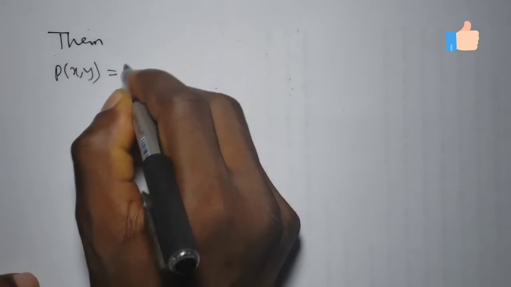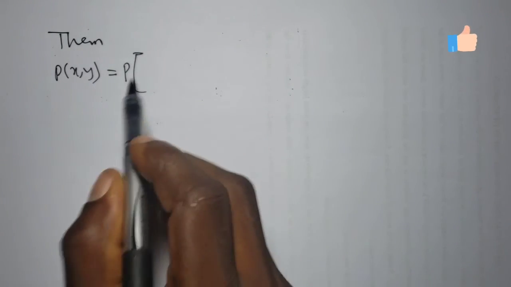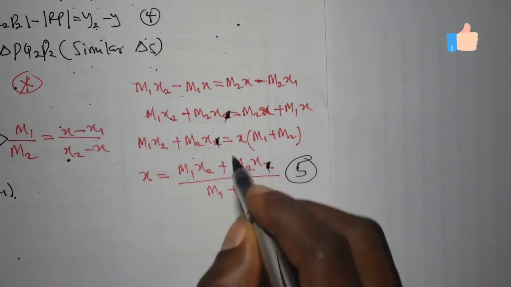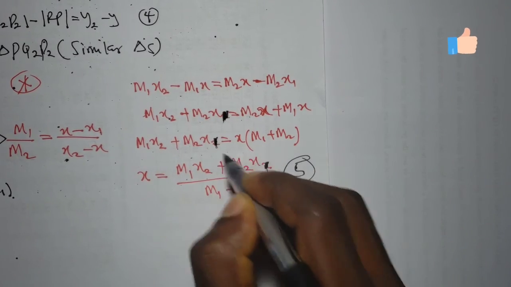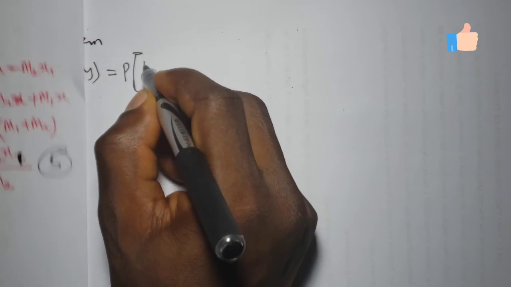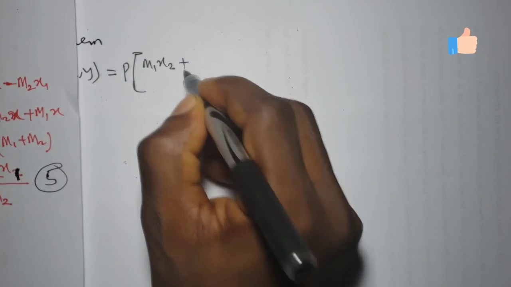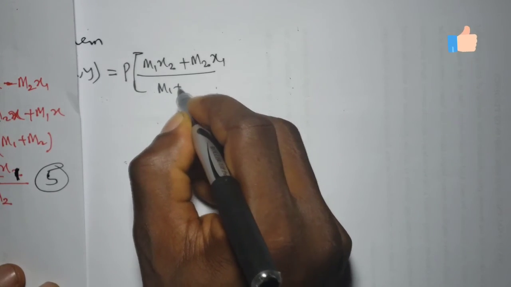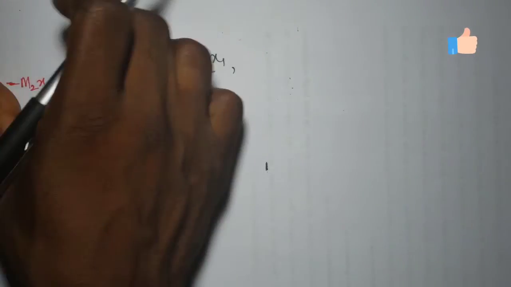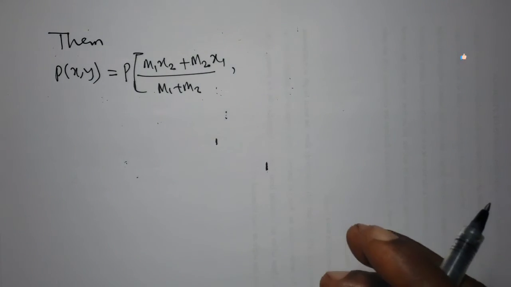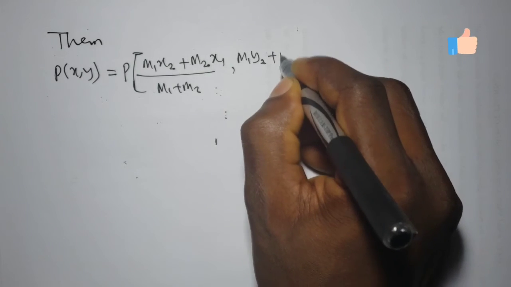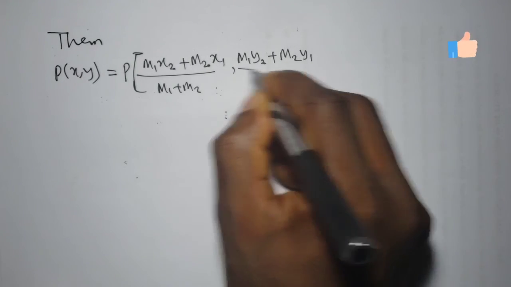Pxy equal to P into, what was our x coordinate? Go back to equation 5. This should have been x1. That is, we have m1 x2 plus m2 x1 over m1 plus m2. And the y coordinate is what we just obtained in equation 6, which is m1 y2 plus m2 y1 over m1 plus m2.